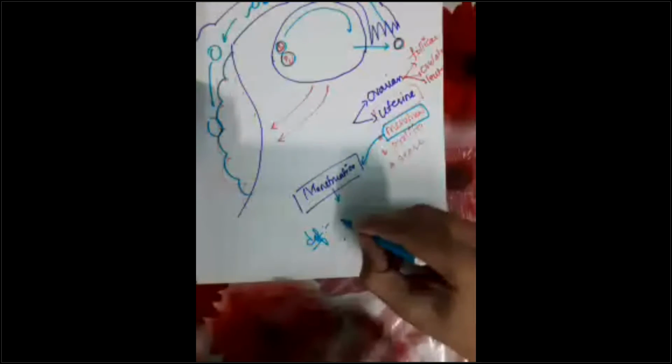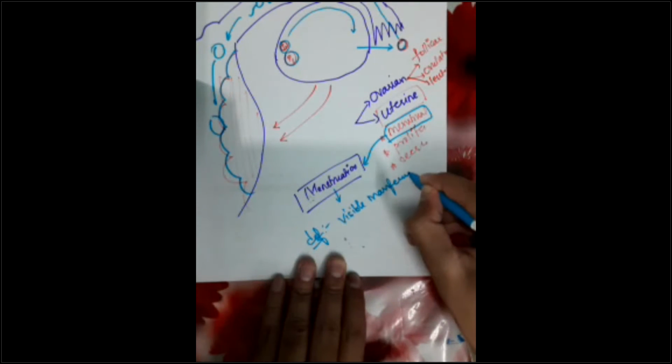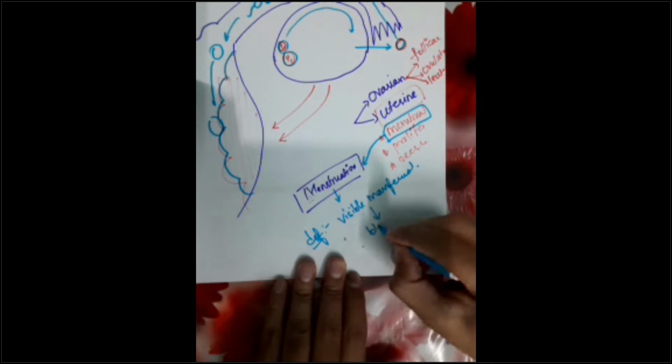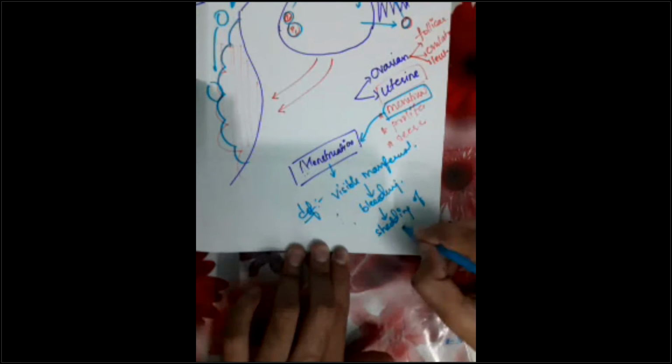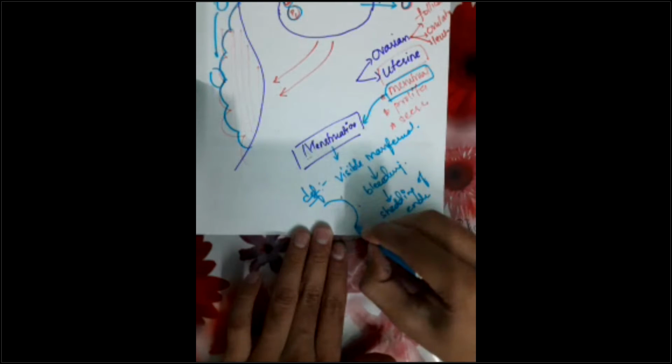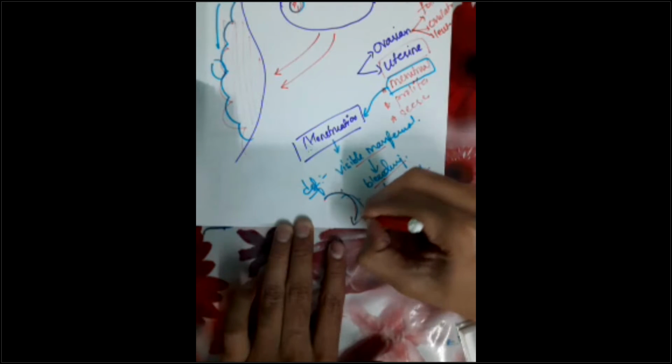They are the visible manifestations in the form of bleeding, occurring due to shedding of the endometrium, which is as a result of cyclical events taking place inside the female body following puberty.